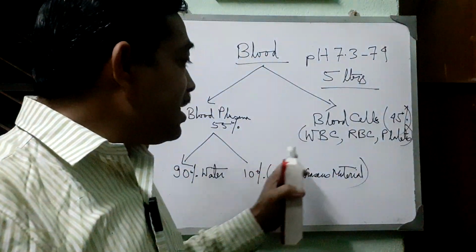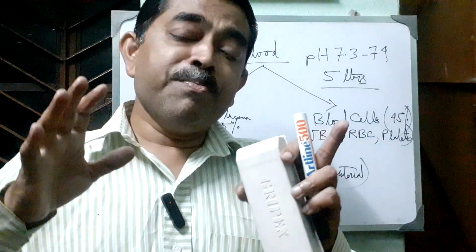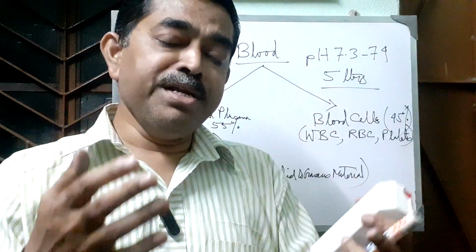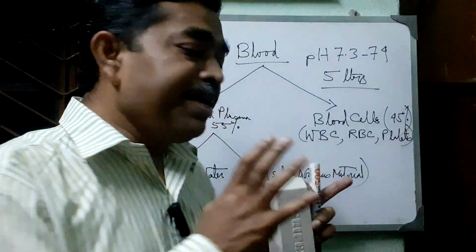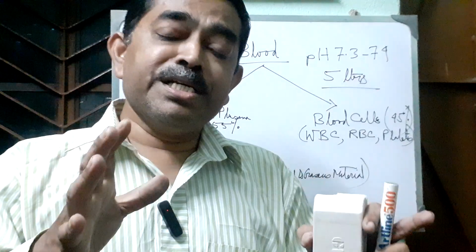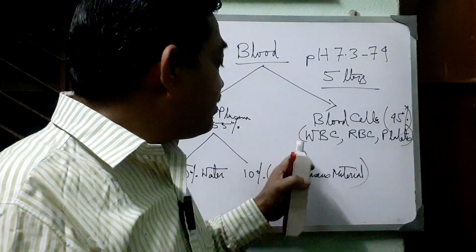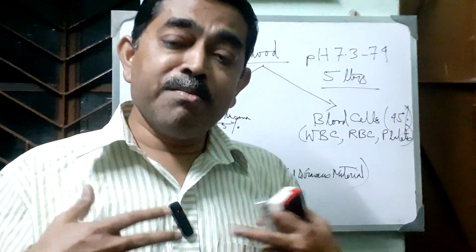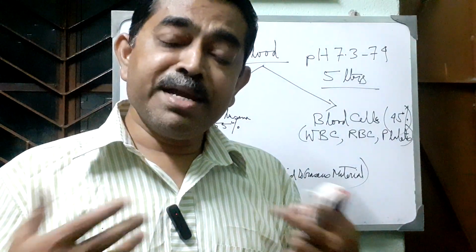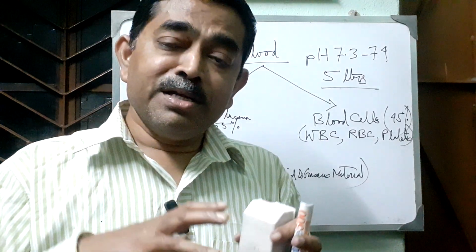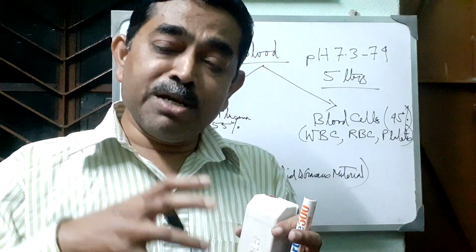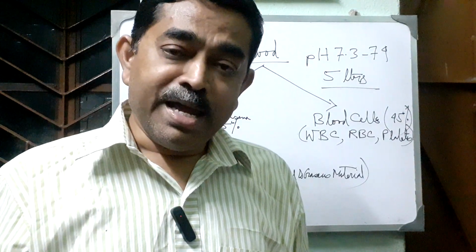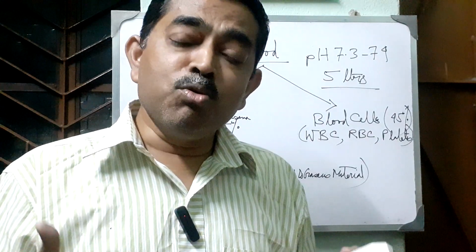When WBC are fighting against any germ that enters our body, when we are invaded by some pathogenic bacteria or virus, suddenly the number of WBC in blood increases. This is a very normal thing, and it is called leukocytosis.